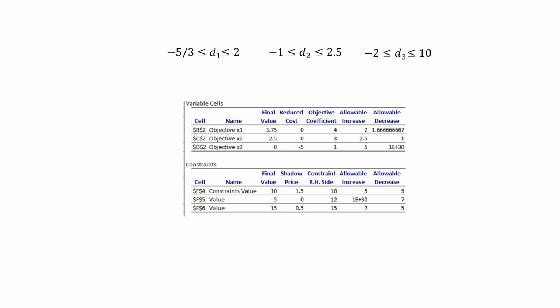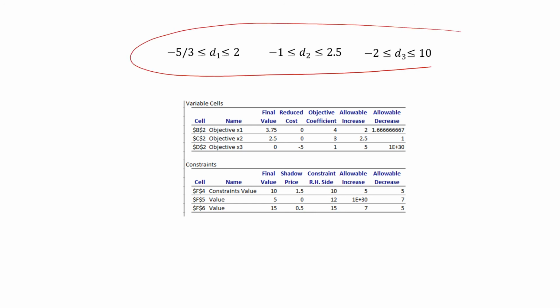And again, we can read these numbers off of the Excel output. Here were the conditions that we calculated by hand. Take a look at our Excel output. You will find those exact same numbers right here.